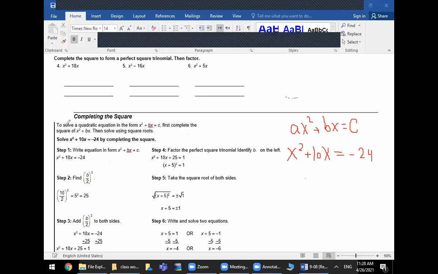And the question says to solve the quadratic equation by using what? Completing the square. So by using completing the square, we are going to use the rules. We will make it a trinomial. First step, we have to be sure that we put it in the standard form, which is ax to the power of 2 plus bx plus c.